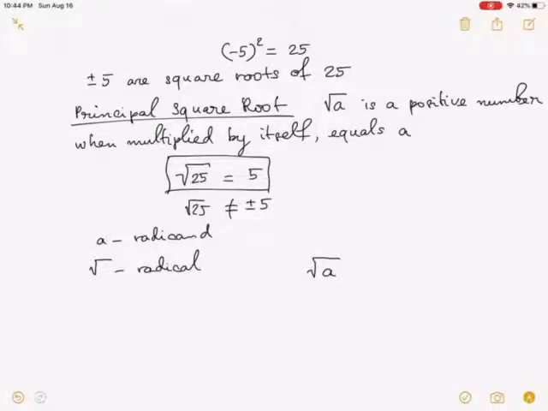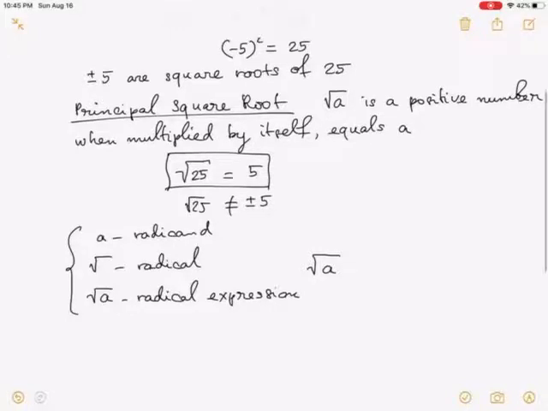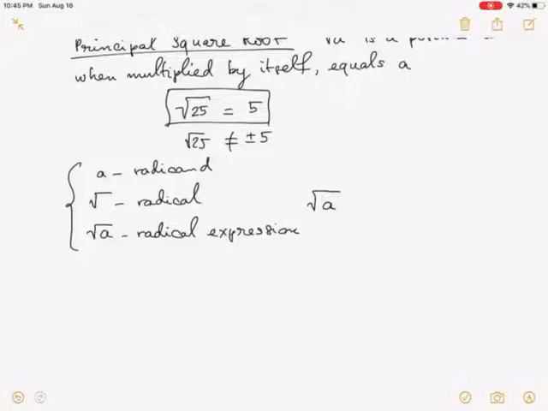So this notation is a radical, and the whole expression is a radical expression. Okay.